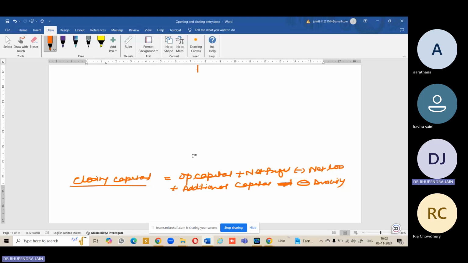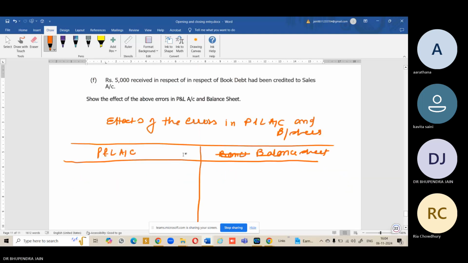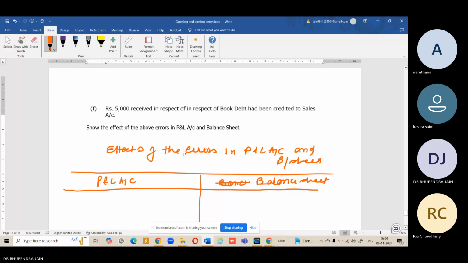Whenever you enter more amount on the debit side, gross profit and net profit both will decrease. And if the profit decreases, definitely beta, you will add less profit, by rupees 5,000, so your capital will also decrease. So this is the effect of such type of error in the profit and loss account and in the balance sheet.